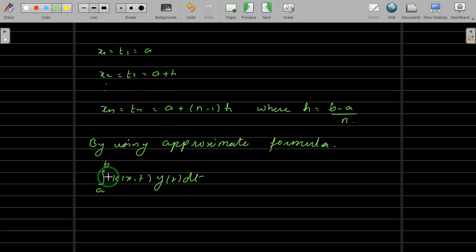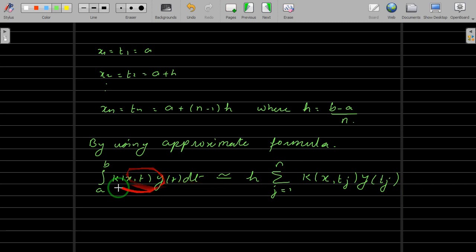So this integral can be converted into n equal integrals, and then you can have the approximation. Let us write this approximately: h times the summation j from 1 to n of K(x, tj) y(tj).